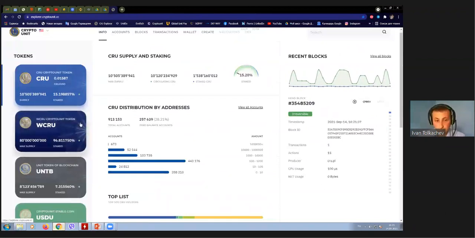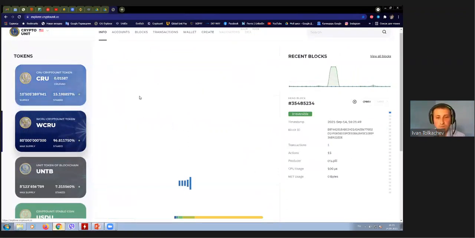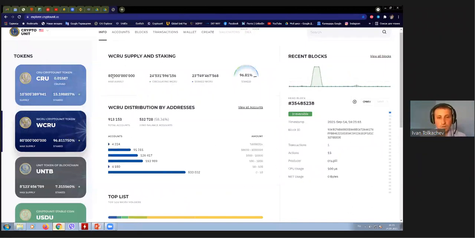Well, next token. The next one is World CRU token. And we see the maximum issuance here on this icon and the numbers staked. So it is planned that the maximum supply will be 80 billion World CRU tokens.